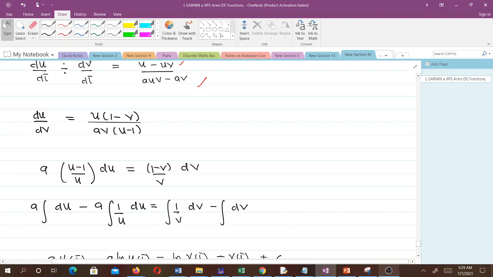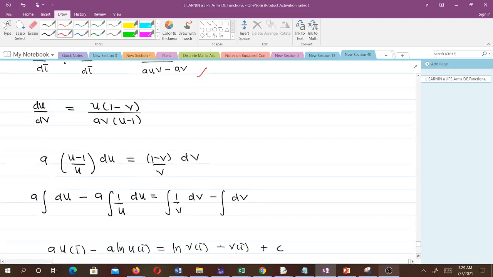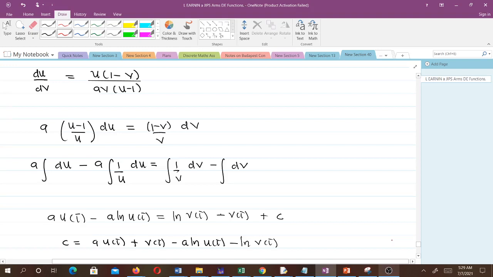When you do that, you get a times u minus 1 over u du on one side and 1 minus v over v dv on the right-hand side. The equation is separable, so we can solve it using the method of separation of variables.